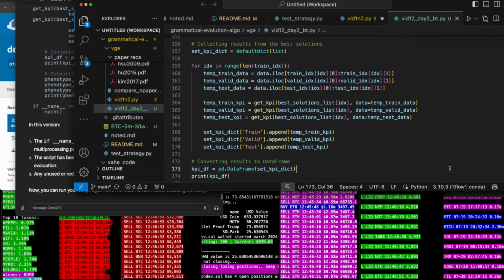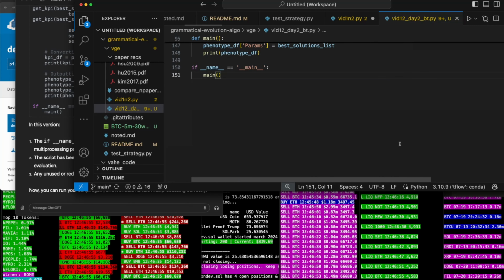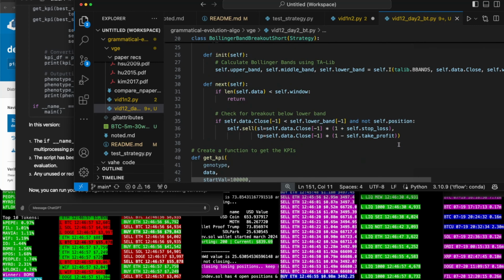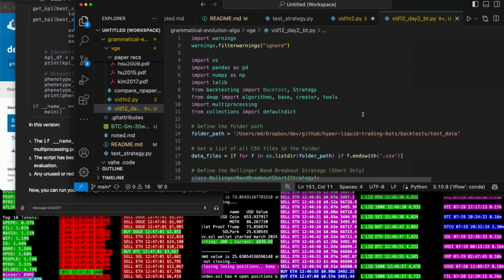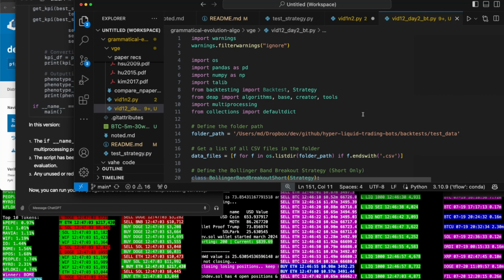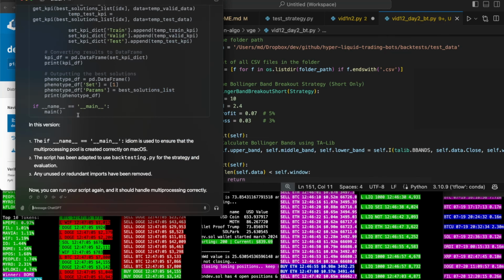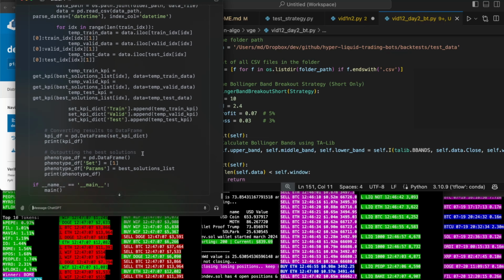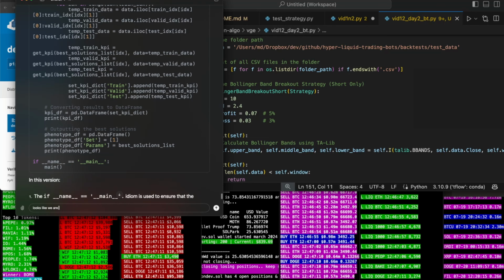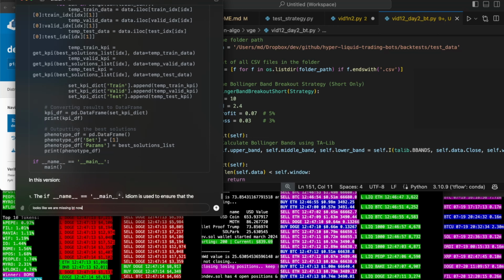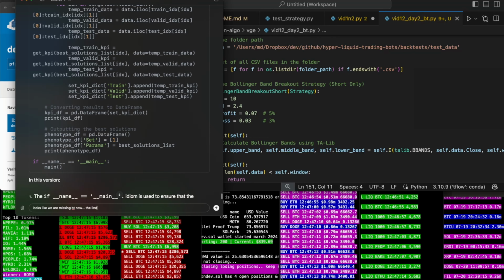All right, let's use this name as main. We don't know how to use it still, but it's okay. Why is this now gone? BT.analyzers? Looks like we are missing BT now.